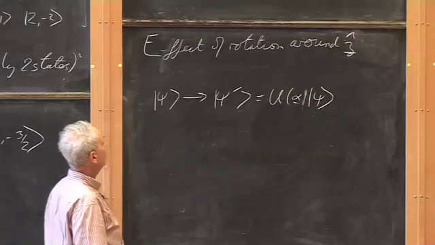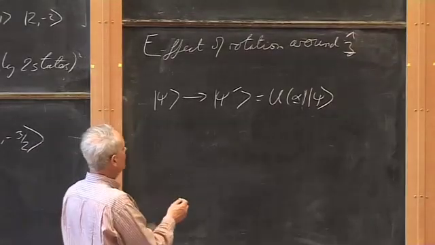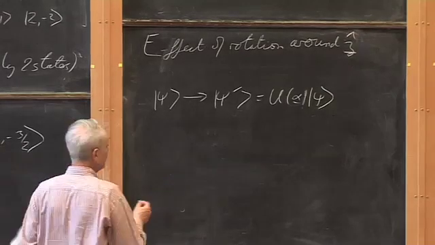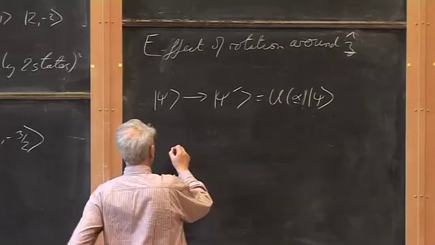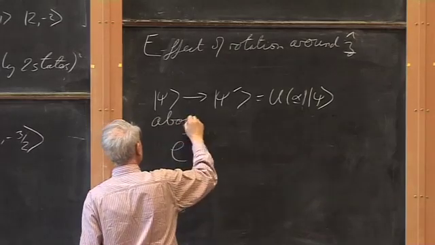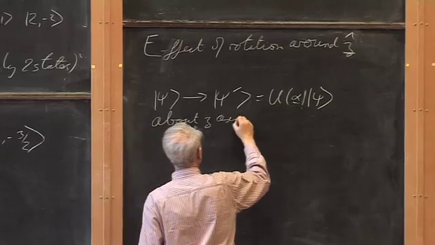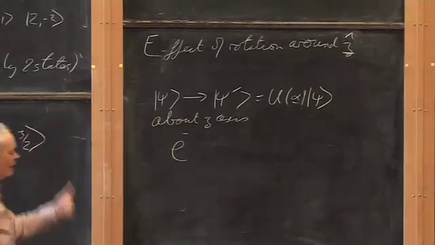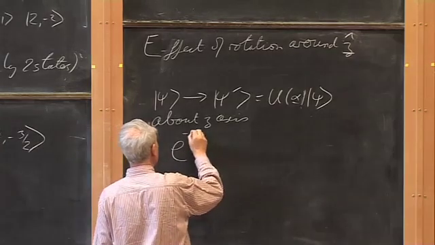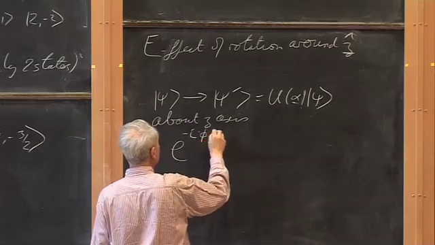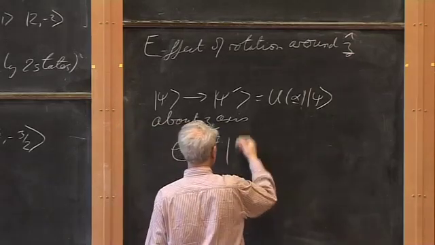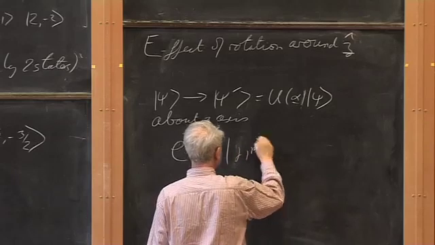So we want to see what we get when we rotate a state of well-defined j, one of these eigenstates here. If we go about the z-axis, then alpha only has a component in the z direction, with magnitude phi, so this becomes e to the minus i phi Jz, and let's use that on one of these jm states.